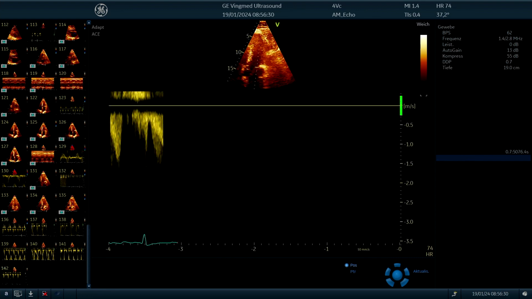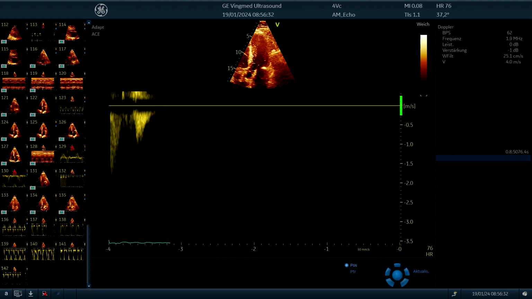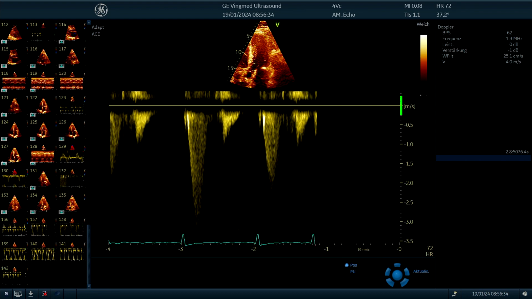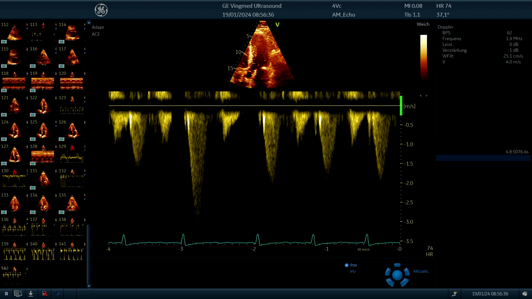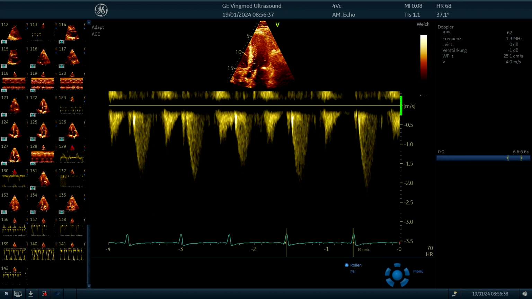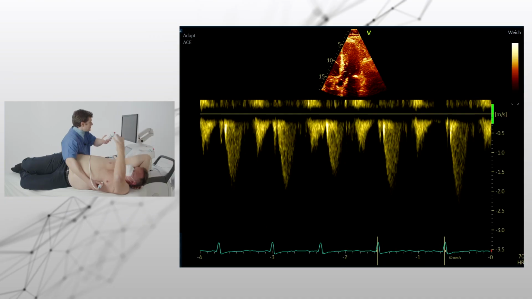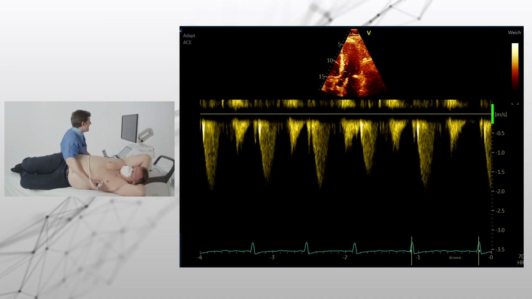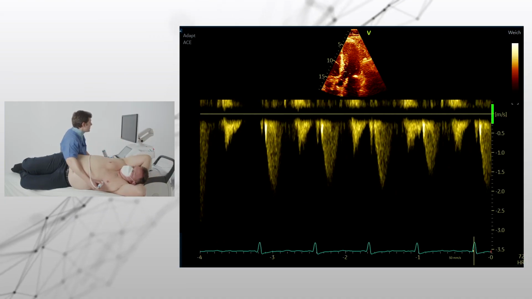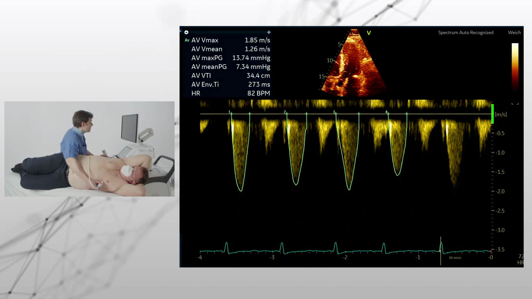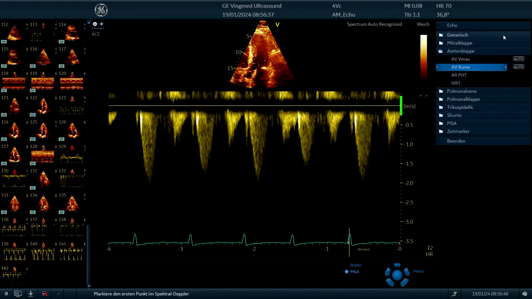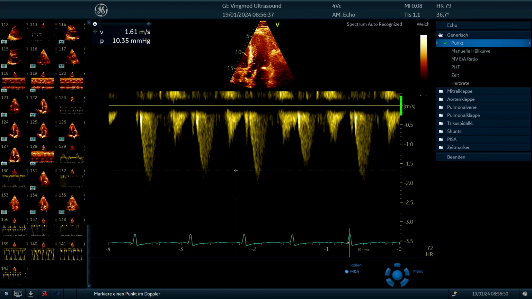But what we can do then in the evaluation, we can use continuous wave Doppler and see again how high the gradients actually become. So there was one which was a bit higher, but overall during his atrial fibrillation, we do see the gradients. This is a very, very quick measurement.